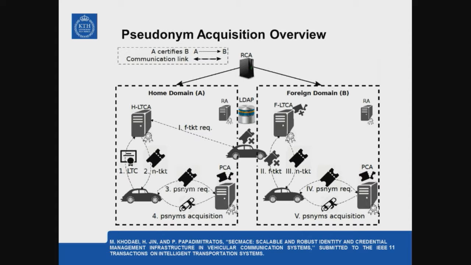Exactly because we are talking about large-scale deployment, we need, for example, to allow vehicles to cross from Malmö to Copenhagen. As long as there is trust established between the transport agency in Sweden and the one in Denmark, they can cross to other domains. The benefit here is that they can operate there as if they are a native vehicle.